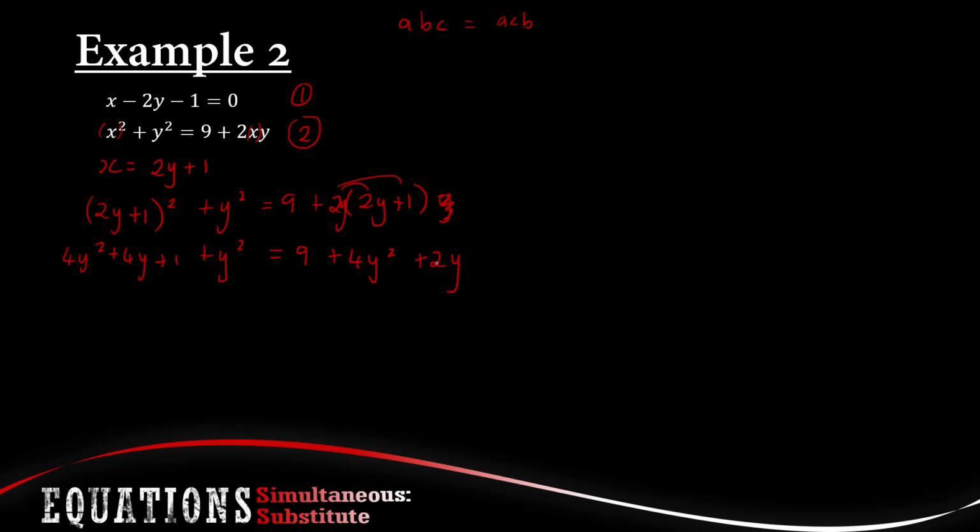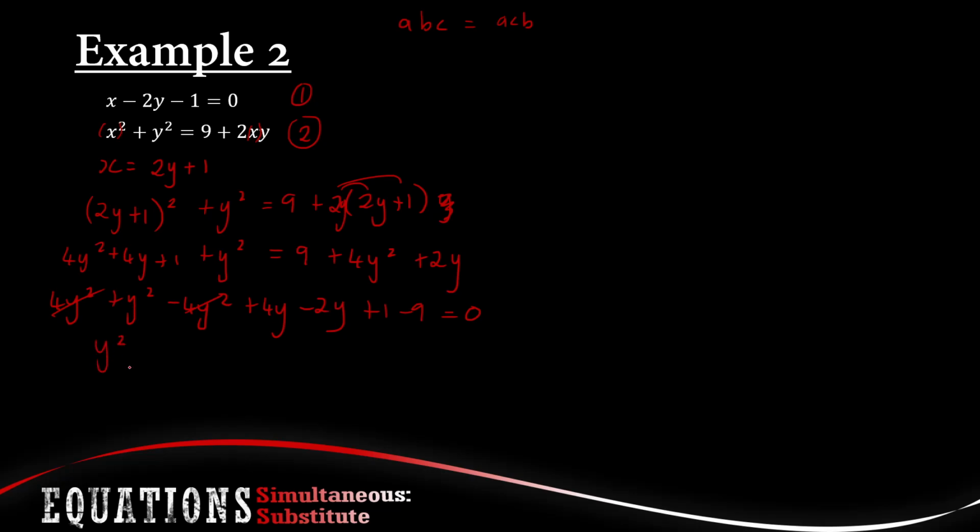Okay, and now we have our quadratic equation, and we're going to bring everything to the left hand side. So 4y squared plus y squared minus 4y squared, then this one plus 4y minus 2y, and then our constants plus 1 minus 9 equals 0. Okay, so 4 minus 4 is 0, and then we're just left with that y squared over there.